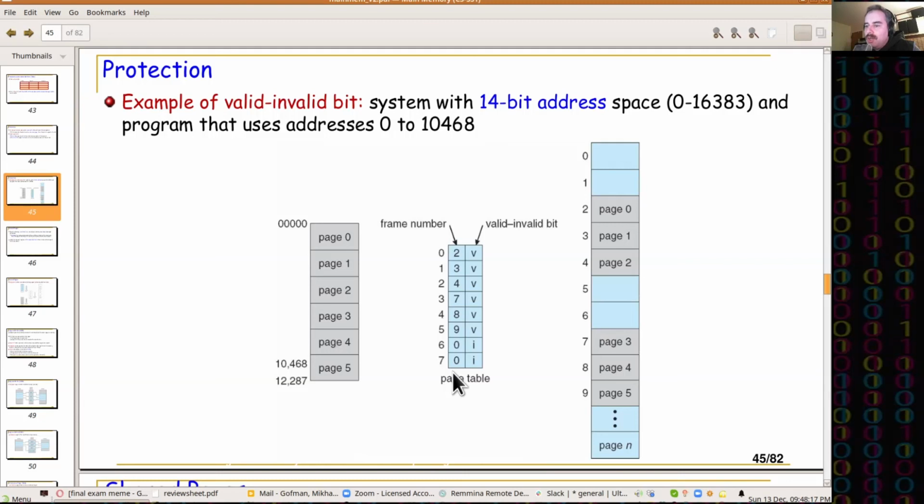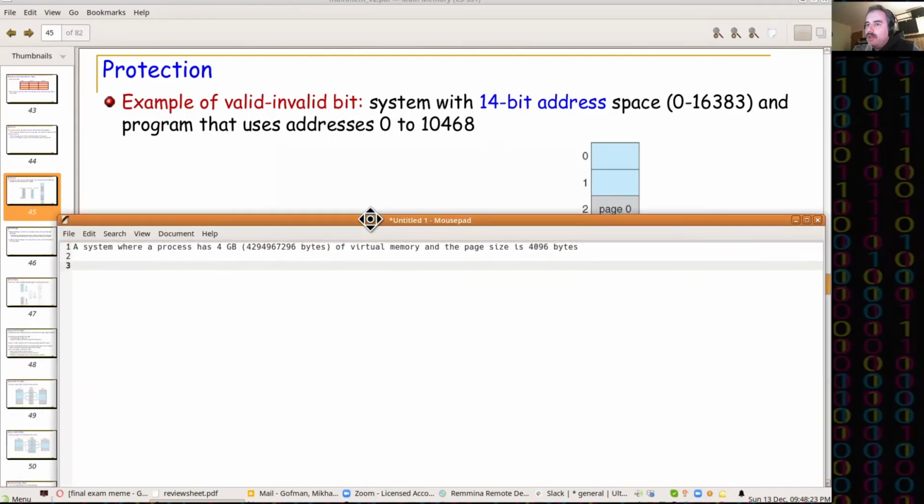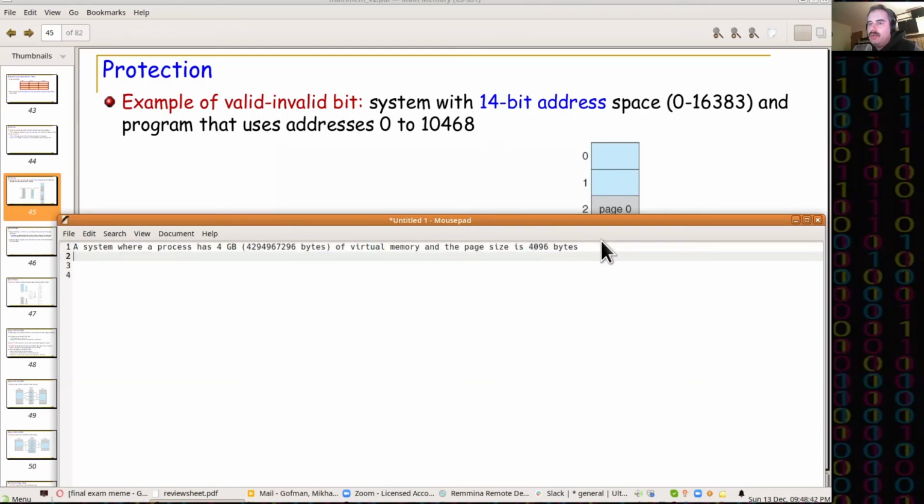So just how much contiguous memory would we need in some cases? Imagine a system where each process has 4 gigabytes of virtual memory. This is how many bytes that is. And let's say that the size of each page is 4096 bytes. How many entries will this page table have? The page table will have as many entries as there are virtual pages.